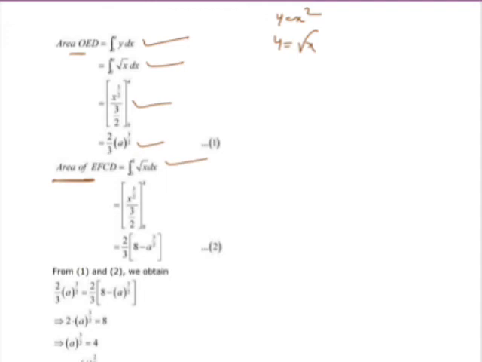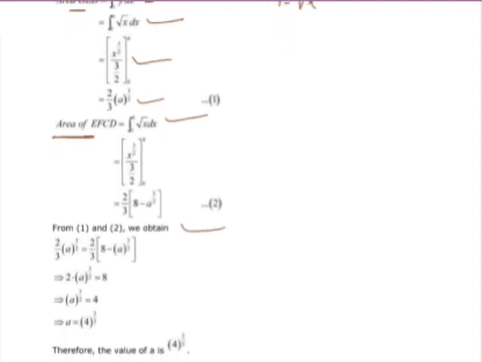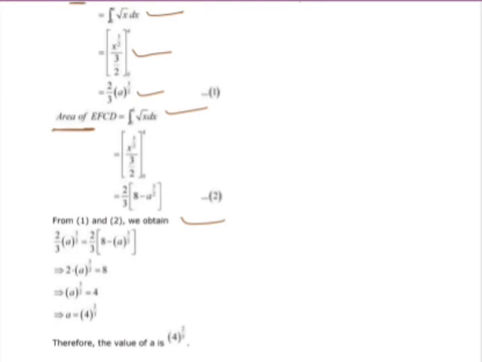So now from equations 1 and 2 we obtain 2 by 3 a to the power of 3 by 2 minus 2 by 3, 8 minus... it is 0.